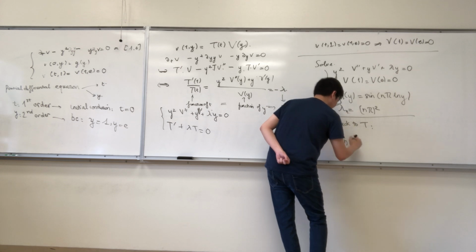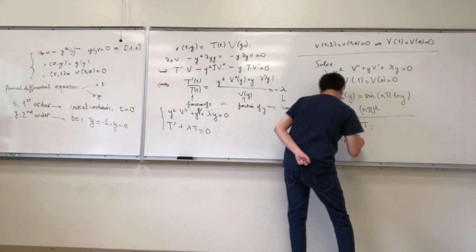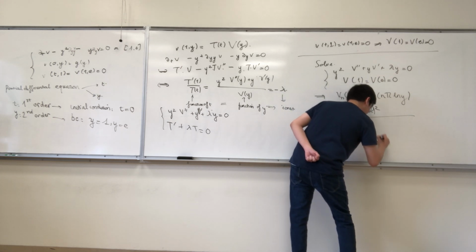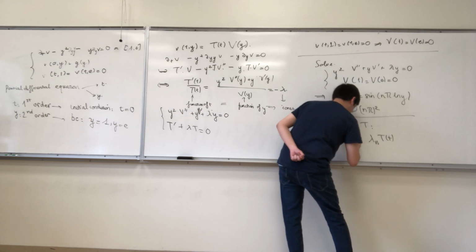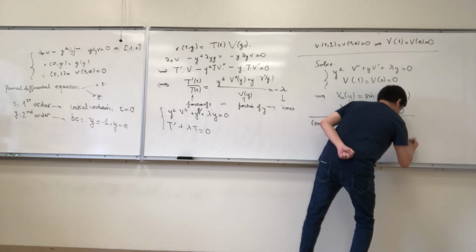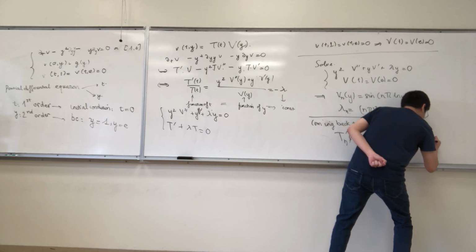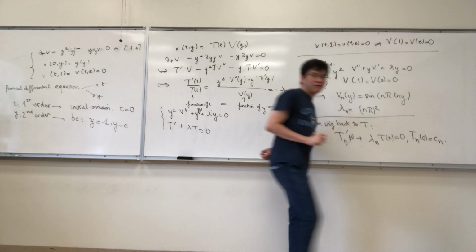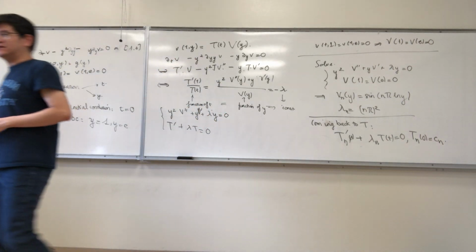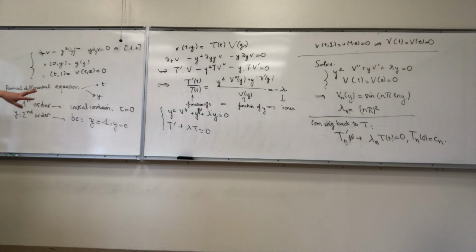So here I have T n prime plus lambda n T is 0, and I'm going to put T n of 0 to be a constant c n. This is the initial condition that we use, but we still don't know what initial condition we should use, right?